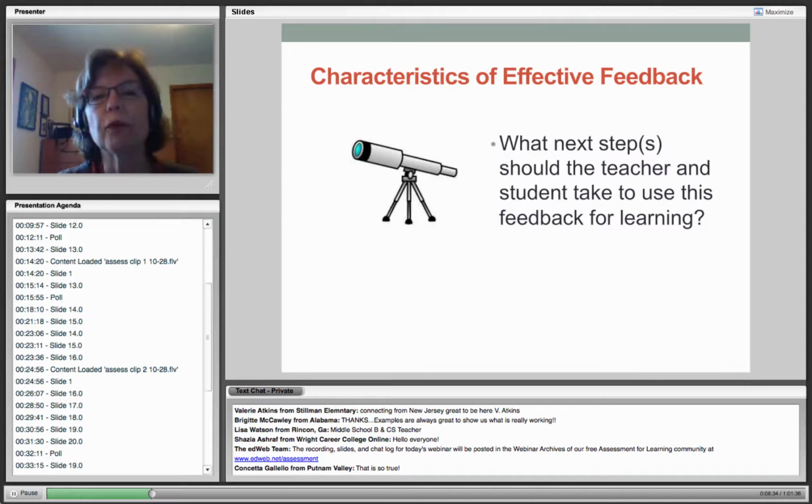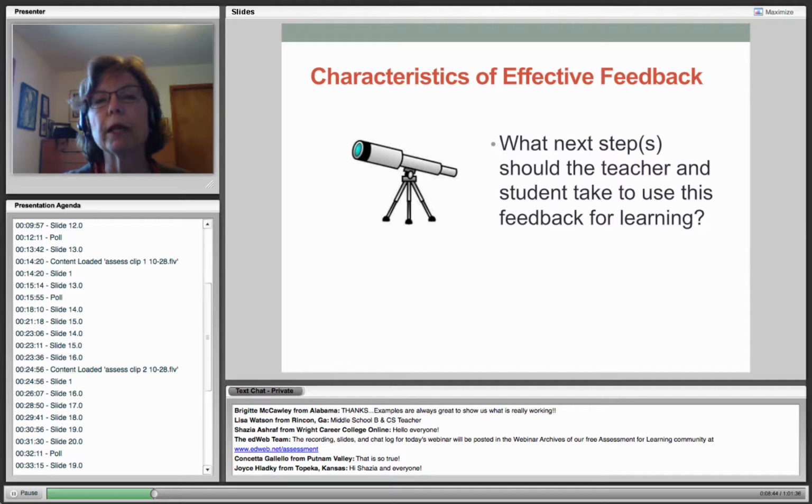And then the long view. Feedback isn't effective for learning unless you give students an opportunity to use it, which means just writing something on a paper but not giving them time in class or another assignment in the very near future where they can actually use that feedback. It won't help.